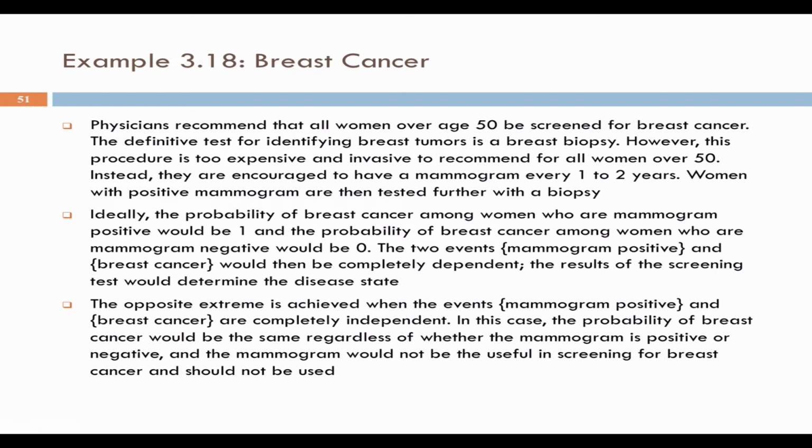But the complete opposite extreme would be these two events are completely independent. Basically, that means the probability of breast cancer is the same regardless of mammogram positive or negative.